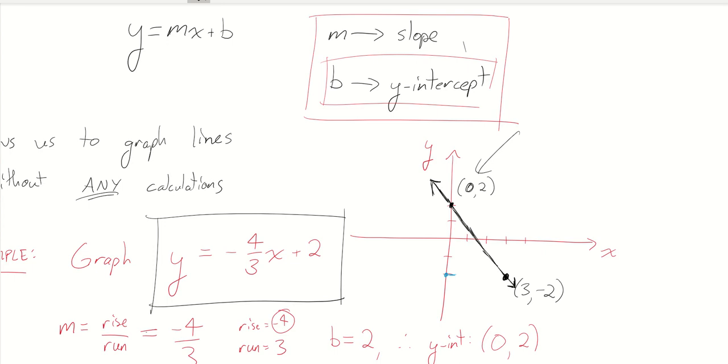So that is an example applying our new knowledge of y-intercept and slope to find the graph of some line that has been given in some original equation in the form y equals mx plus b. It's a lot. Try as many examples as you can, and please ask questions if you have questions.